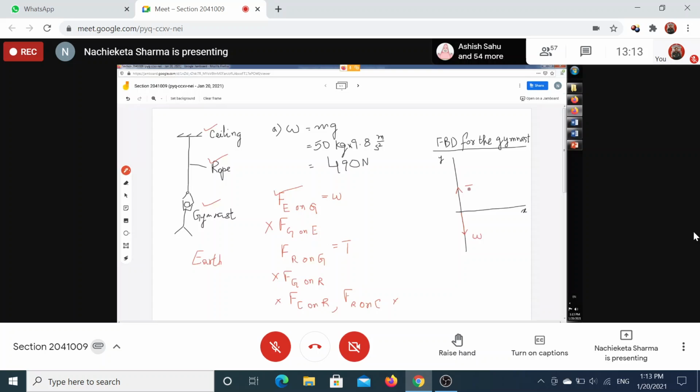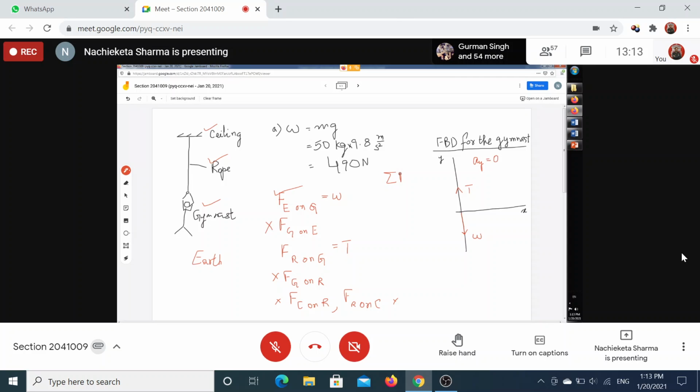Now you see, the next important thing is that the gymnast is in equilibrium. So which Newton's law am I going to apply? I will apply Newton's first law, because my acceleration is 0 here. In which component? In the y component.